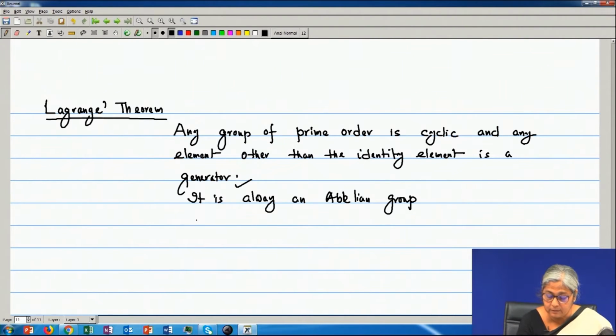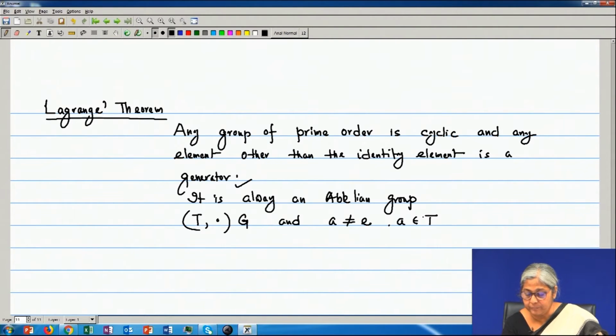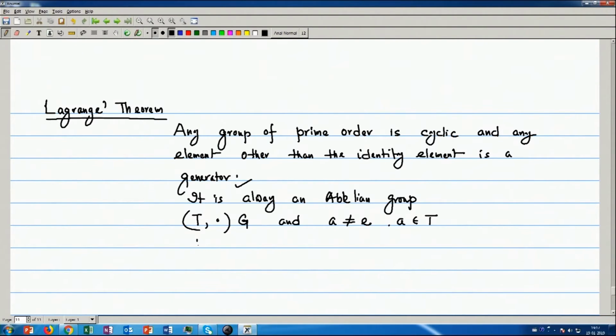So, you can write that if (T, dot) is a group and a is not equal to the identity, and a belongs to T, then a is the generator of the group.